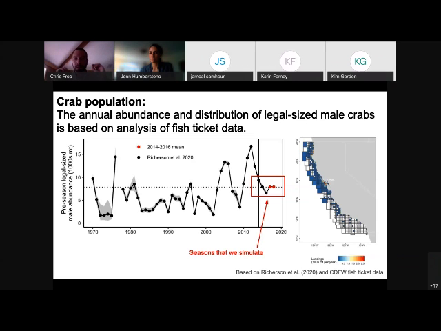And we distribute that abundance of crabs into California commercial fishing blocks based on the fish ticket data collected by CDFW that has block level catch. So every season begins with this abundance, and that abundance gets distributed in proportion to where catch came from that season.